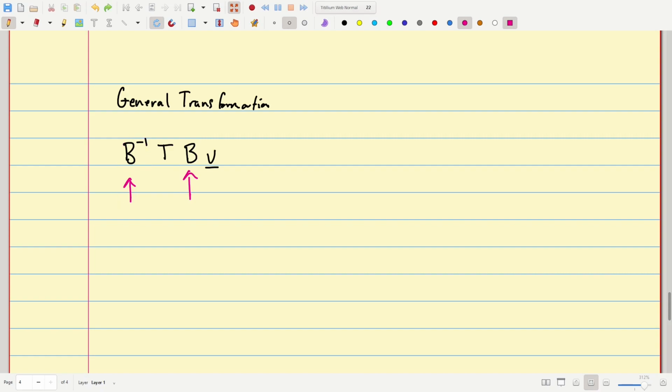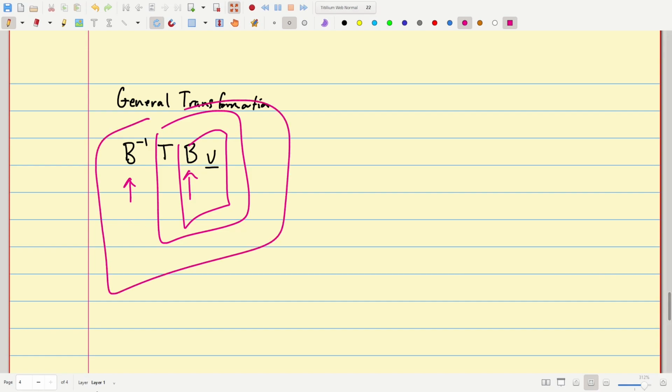Okay? And so the process that was being described at the end is if I want to get back to a vector that is represented in a non-standard basis under a transformation that is represented in the standard basis, we convert to the standard basis, apply the transformation, and then convert to the non-standard basis.